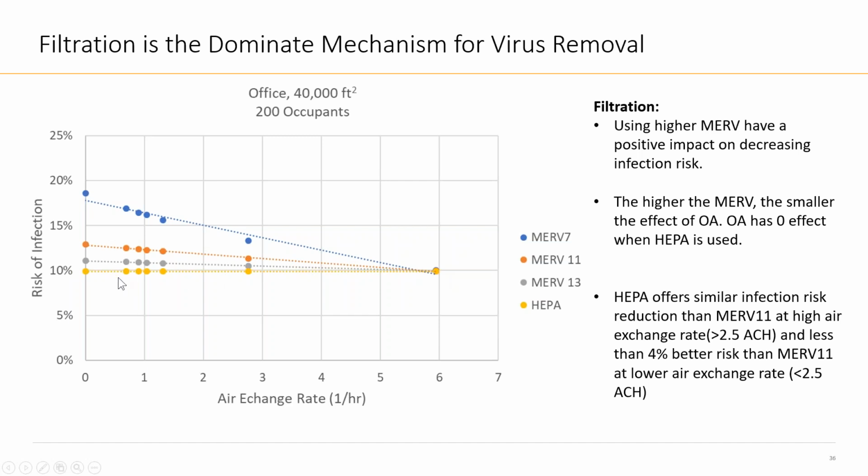If you use HEPA filters, it doesn't really matter what your air exchange rate is. Also, if you use MERV 11 and onwards, in general, air exchange rate has minimal impact. As I mentioned before, HEPA is really good, but you don't have to go to HEPA and restrict airflow. MERV 13 will do, and MERV 11 will be better than the MERV 8 that you use today.